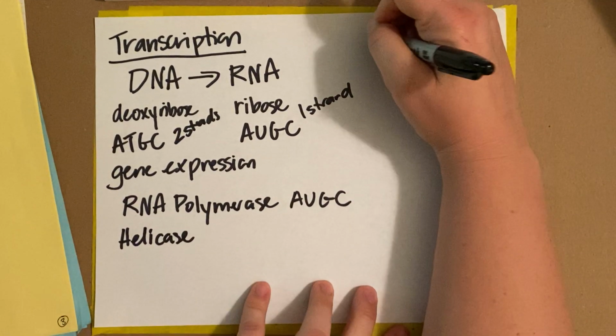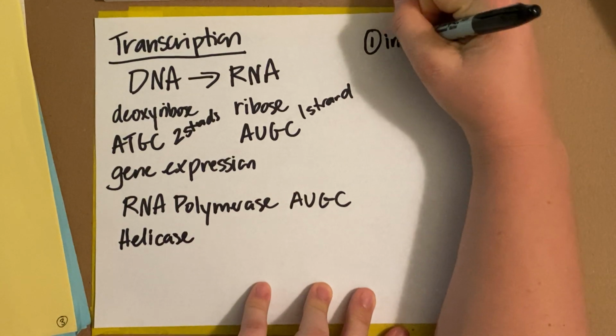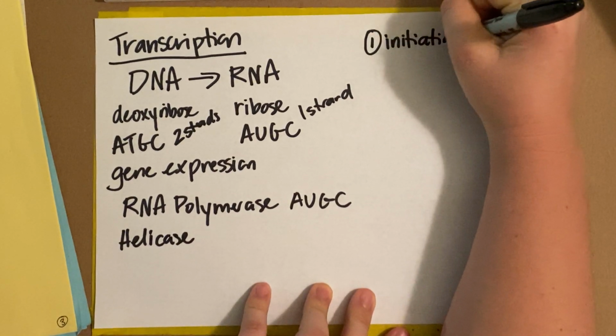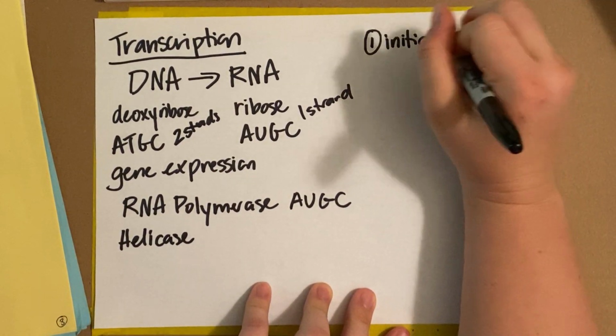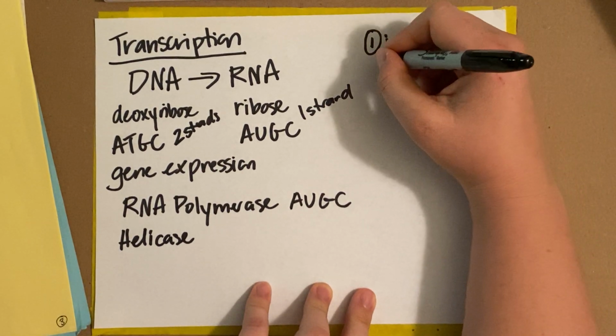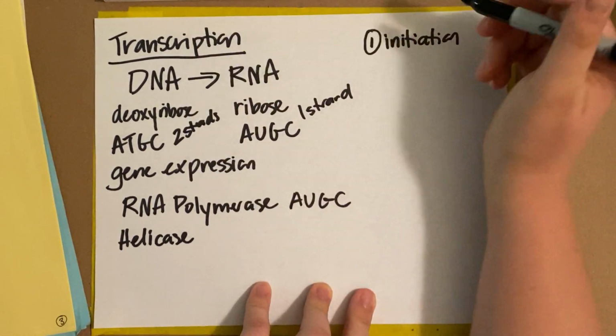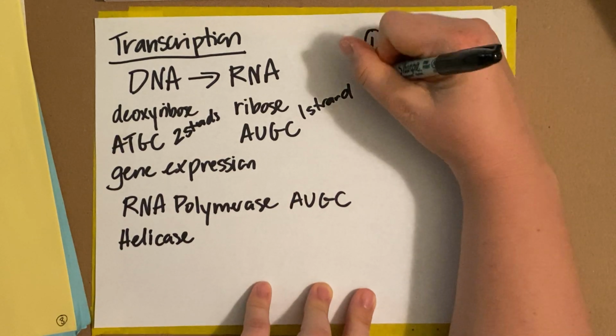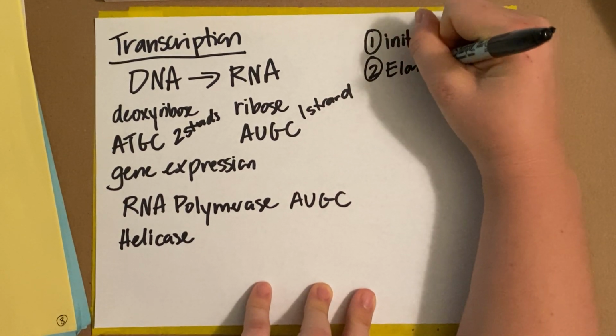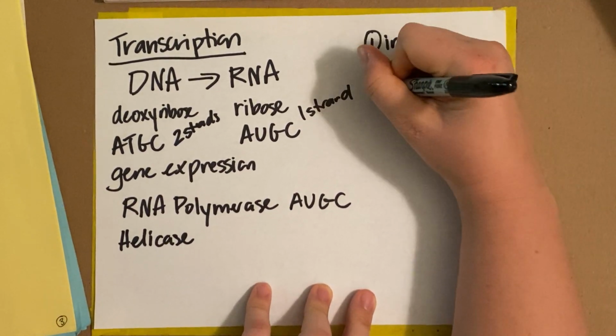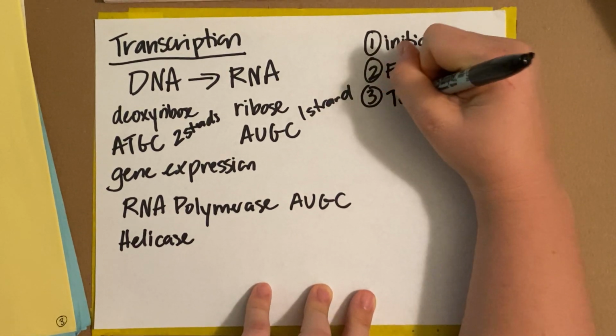The first part is going to be called initiation, the starting of the DNA being transcribed. We're going to have something called elongation. And then we're going to have something called termination.